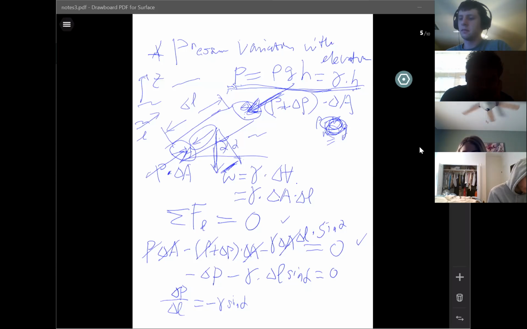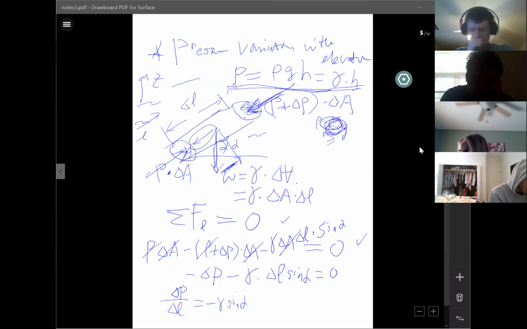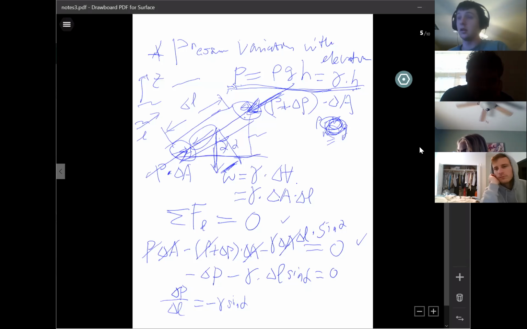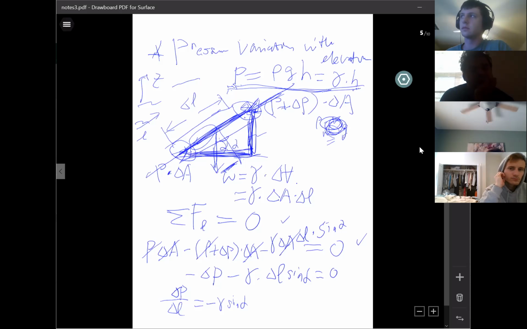Did I hear anybody talk about it? Do you have any questions? It's good? Okay. For sine alpha, I need to draw this triangle. This angle is alpha.